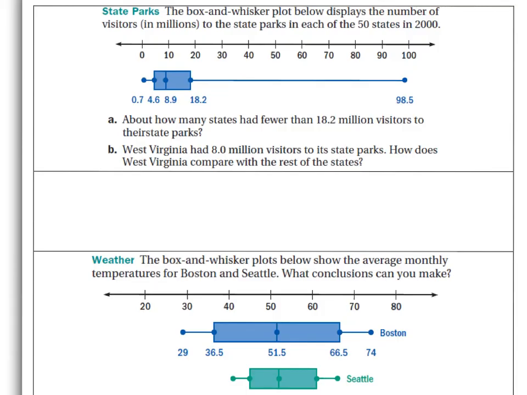Okay, let's take a look at some sample problems on how to interpret box and whisker plots. State parks. The box and whisker plot below displays the number of visitors in millions to the state park in each of the 50 states in 2000. A. About how many states had fewer than 18.2 million visitors to their state parks? So earlier I mentioned that each whisker represents about 25% of the data. So this would be 25, and 18.2 happens to be the upper quartile.